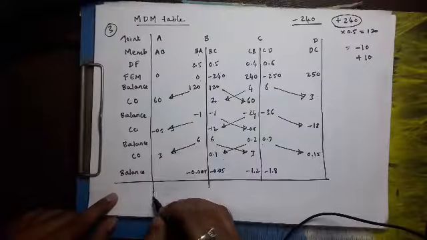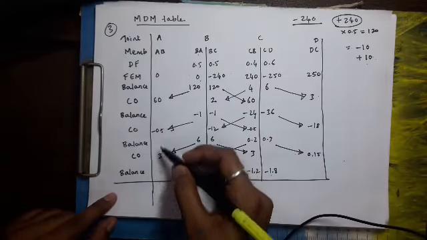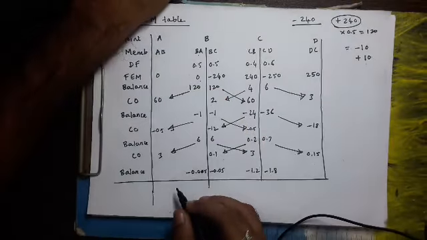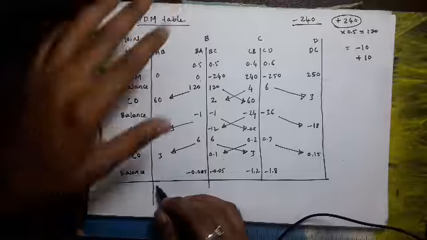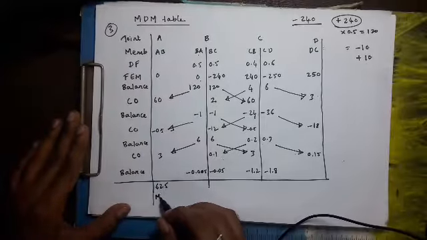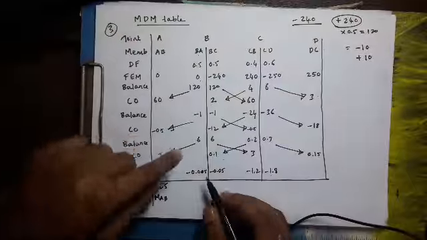Now you see you add up from FEM to the last point, you add up all the moments here. When you add you will get 62.5. This is your MAB. You are adding BA.